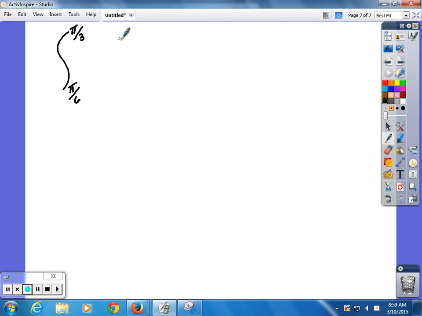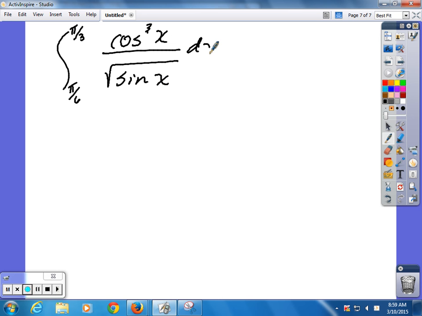Of cosine cubed of x over... what's the first thing you're going to do?